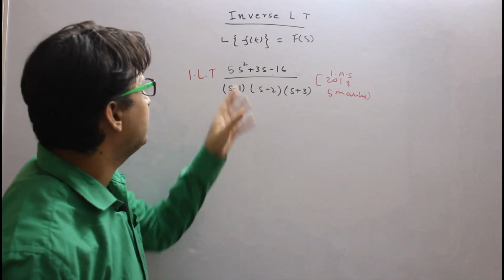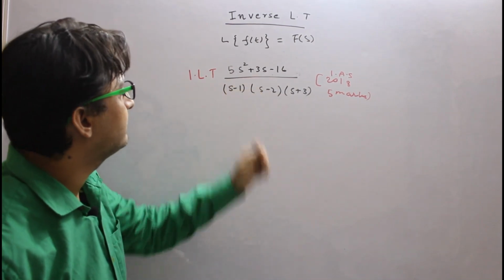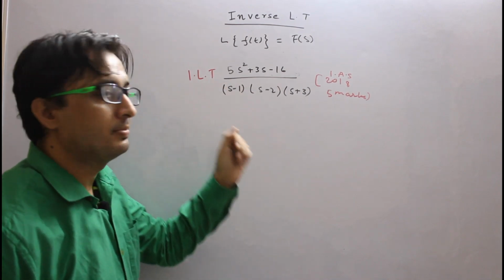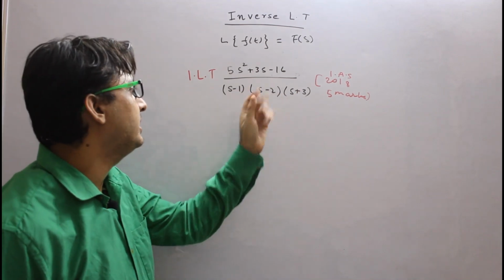So to find this, we have to break it into partial fractions. We can see in the denominator, the poles are 1, 2 and minus 3. So they are unique and distinct.